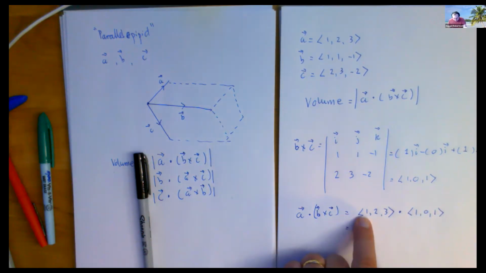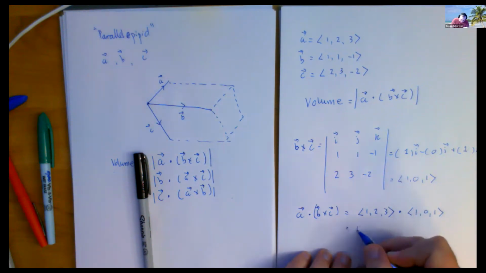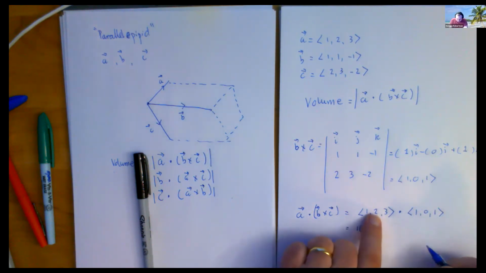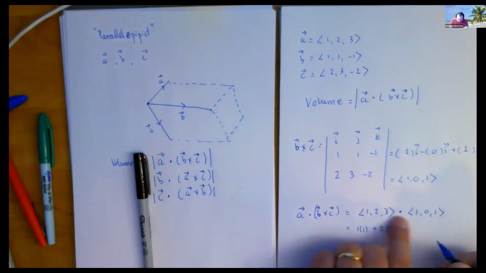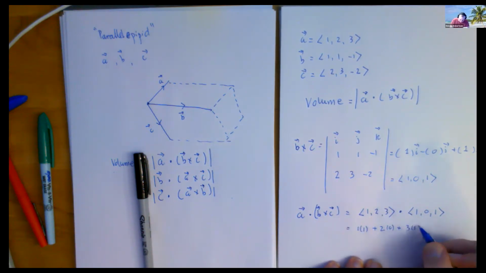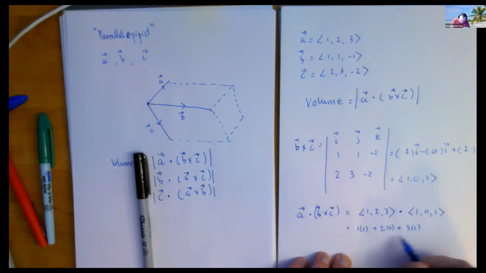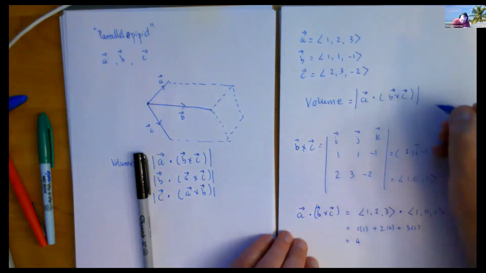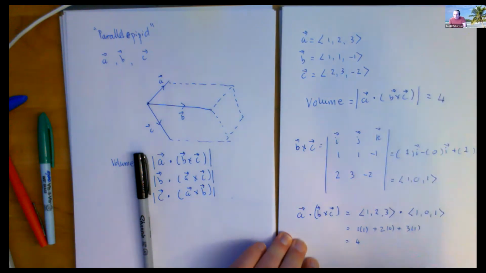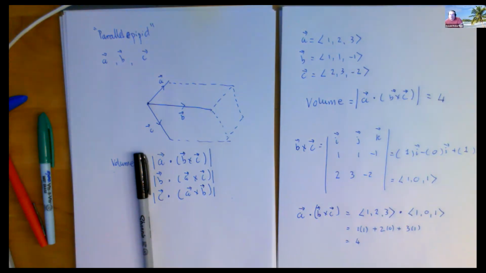And that's 1 times 1, plus 2 times 0, plus 3 times 1. And that's 1, that's nothing, that's 3, and I get 4. Now, since that is a positive number, the volume is 4 cubic, whatever the units are.